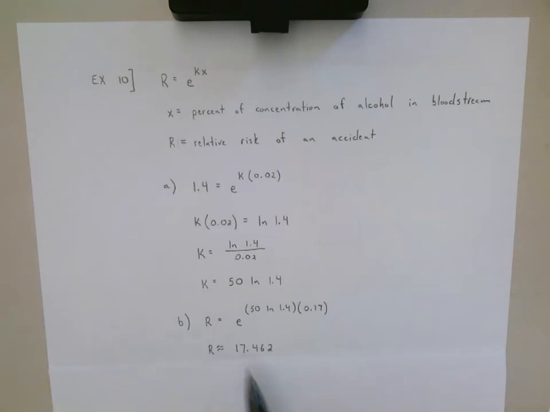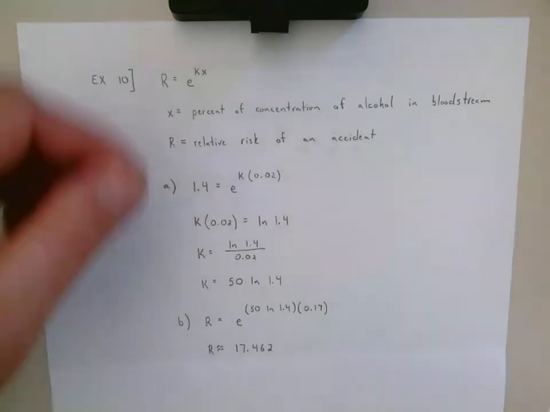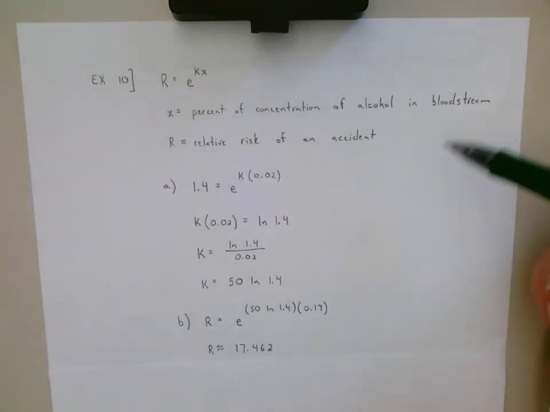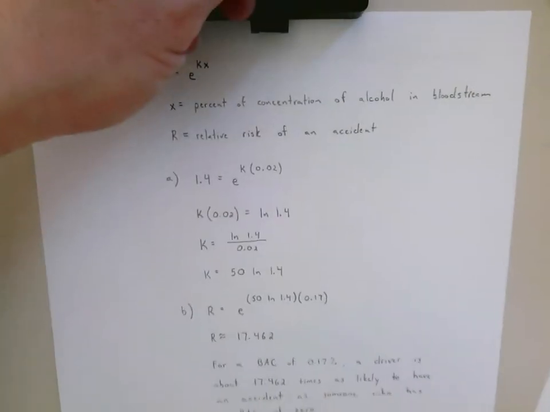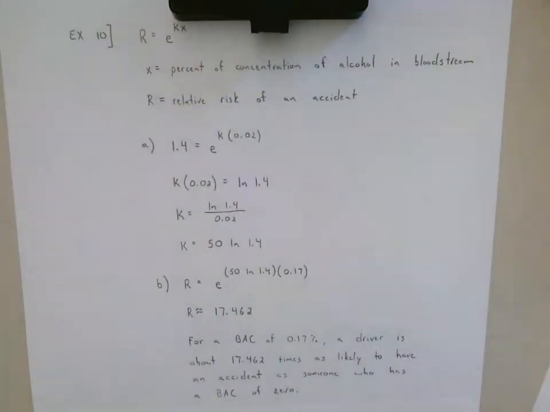So approximating this gets me a relative risk of 17.462. Based on my definitions of the variables above, what that tells me is that for a BAC of 0.17%, a driver is about 17.462 times as likely to have an accident as someone who has a BAC of 0. That's what we mean by relative probability.